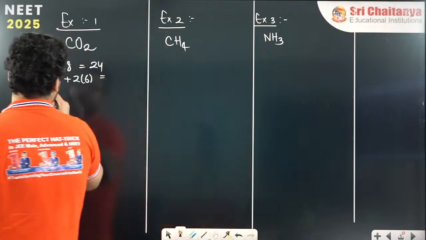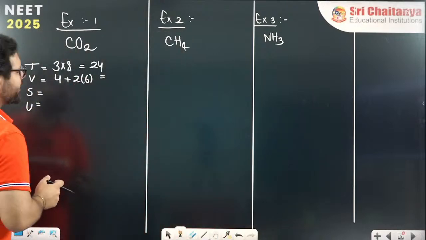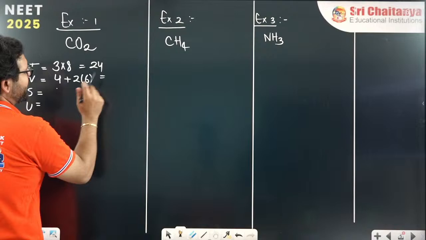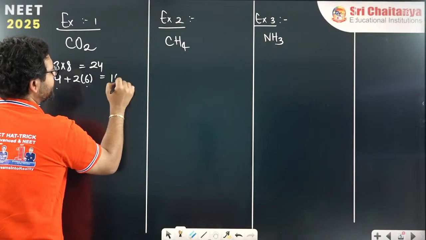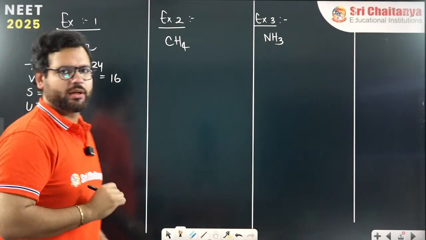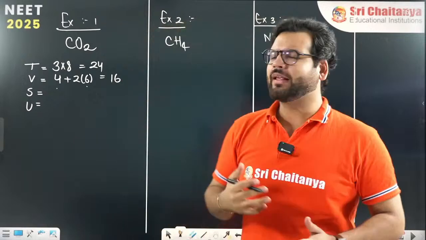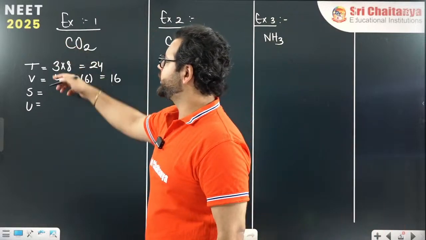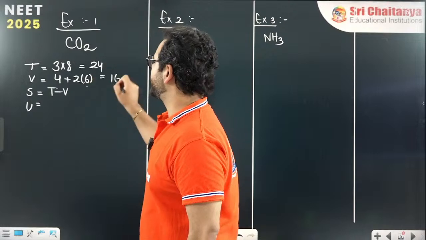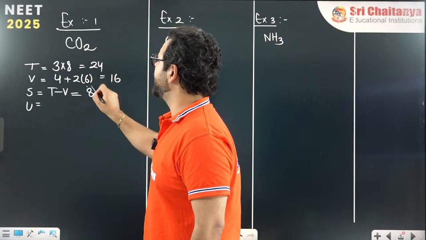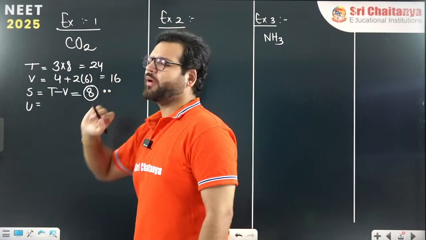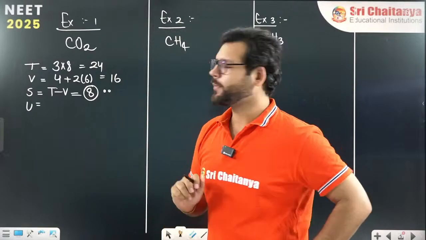So 4 plus 12 is going to be 16. So T is 24, V is 16. What was S? I told you, T minus V. So 24 minus 16 is going to be 8. So 8 dots will be required in this structure.